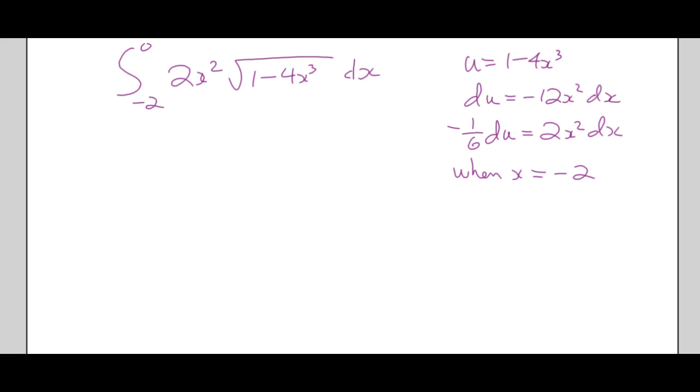We've got an expression here. u is equal to 1 minus 4 times -2 cubed, which is 8, -8, 32, 33, just call it 33. And our upper bound is 0, which is a lot easier to work out. So when x is 0, u is going to be equal to 1.